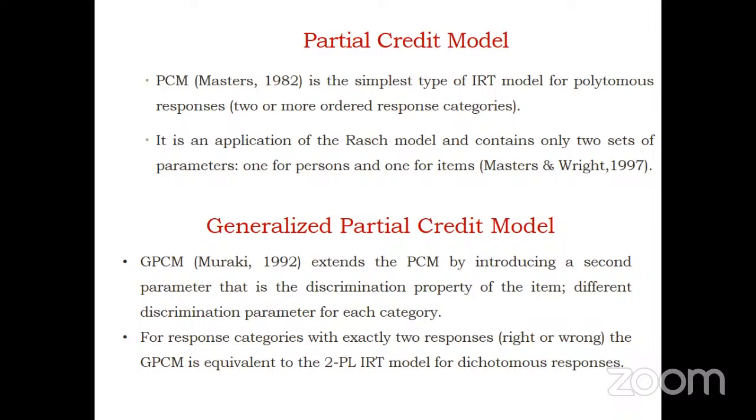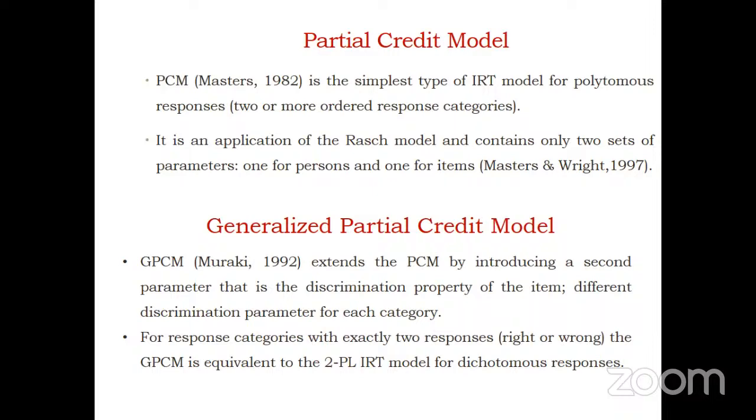But in a rating scale, there is nothing like a difficulty level. So what is that? In a rating scale, it is not the difficulty level that we are considering. We are considering the probability of endorsing a particular response option.